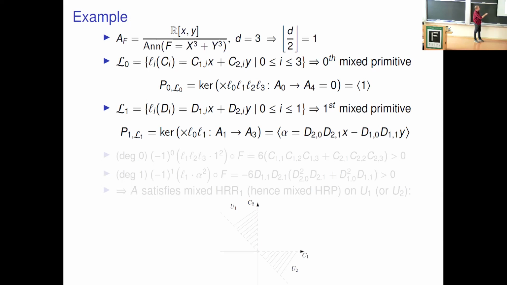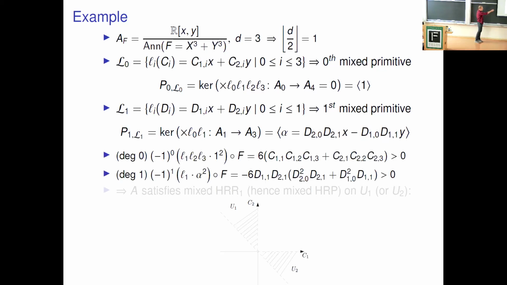And then in degree 1, I can choose some different linear forms with some D's, and then I can compute the first mixed primitive subspace, and it's generated by this linear form here. So I can plug these into their respective Lefschetz forms, and I get these much longer polynomials here. Still cubic, by the way, or still same powers as the polynomials before, but just longer.